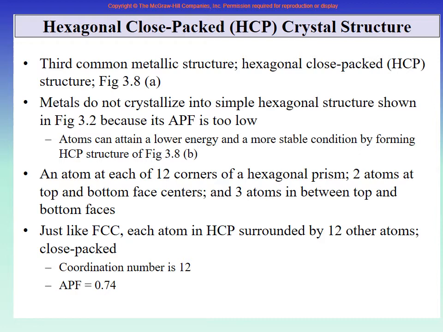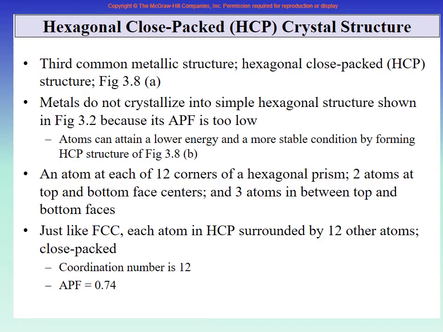So let us go to the third one, the hexagonal close pack. We told you that metals do not crystallize into simple hexagonal. Close pack, we will show you the diagram again, that there are extra atoms in the middle and there are atoms in the top face and the bottom face and so on, right? So we will again count the number of atoms and we will see.